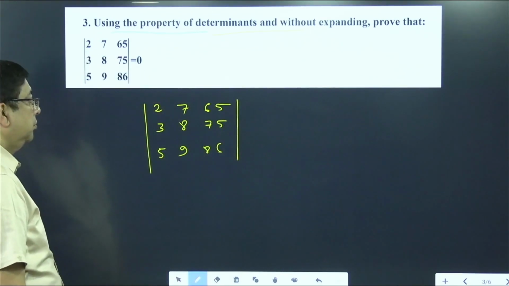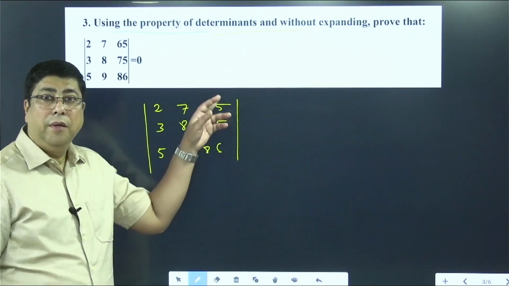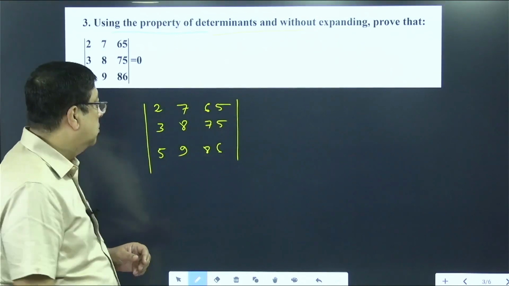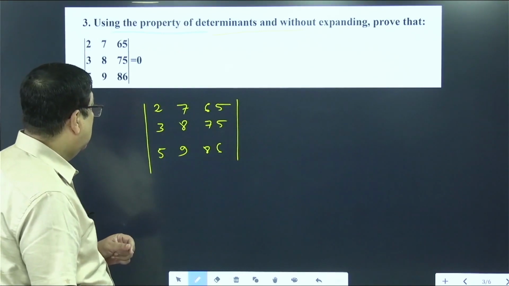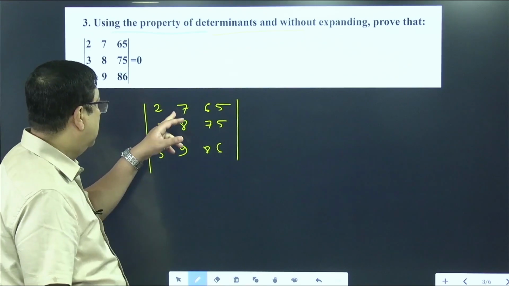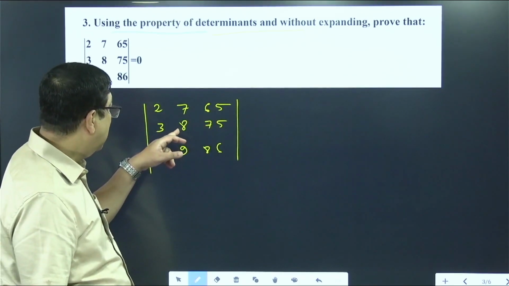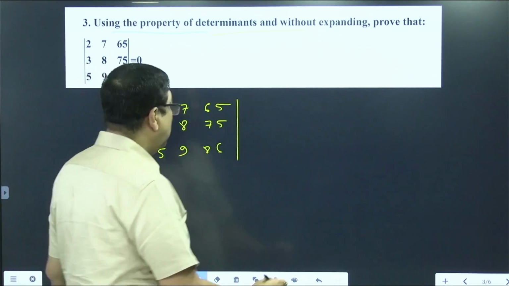What to do? This column contains the bigger elements. So what can be done here? 7 nines are 63, which is nearer to 65. 8 nines are 72. So let us apply one thing.